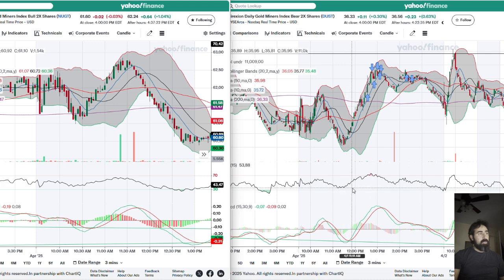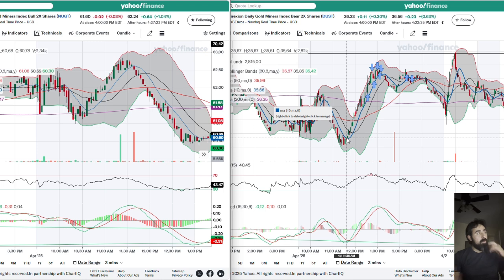RSI's bullish. What time did I say? 11:39. So it had just jumped on top of the blue. Yeah, it just went under the blue over there. But MACD is still negative, and it would be like trying to find a bottom here.